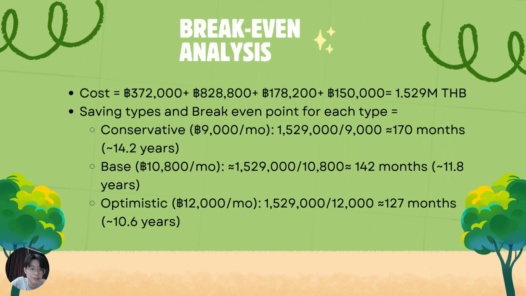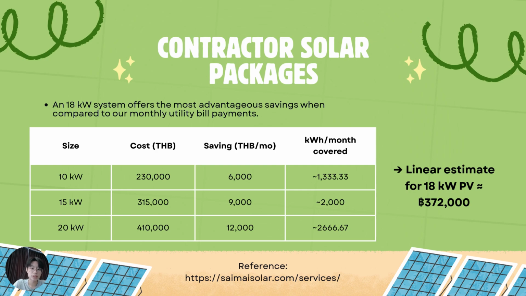As for the break-even analysis, this is the cost that we calculated. Also, there will be 3 saving types and each break-even point that I have come up with. So, as mentioned earlier, the solar panel will be reducing around 12,000 Thai baht per month, but this is considered during the full peak of the sunlight hitting the solar panels.